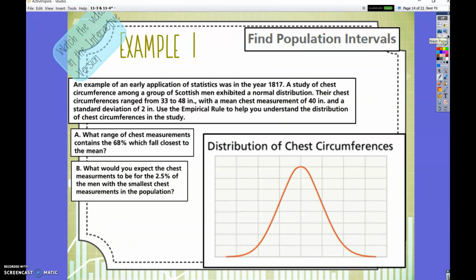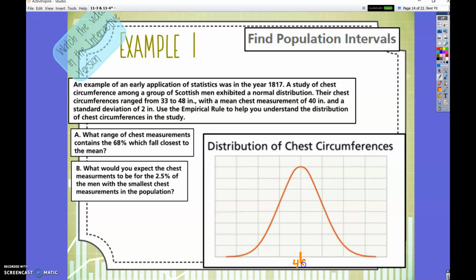So when we look at example 1, there's a great video if you're using the interactive textbook version. They give the example of the year 1817, when they measured the chest circumference of Scottish men. They said it ranged from 33 to 48 inches. The mean is 40, so on a normal curve, it's important you start to think about being able to draw these.